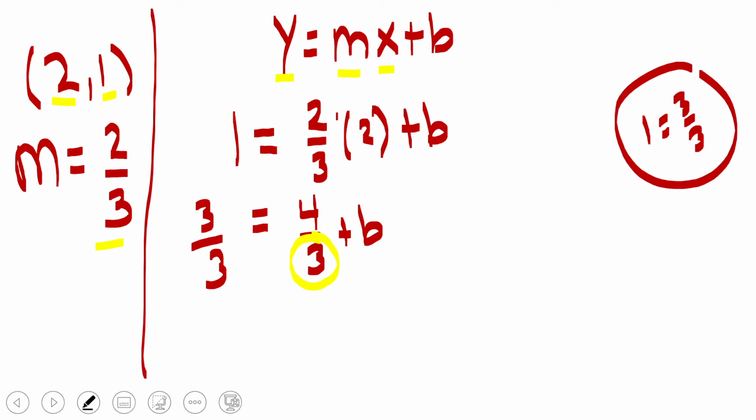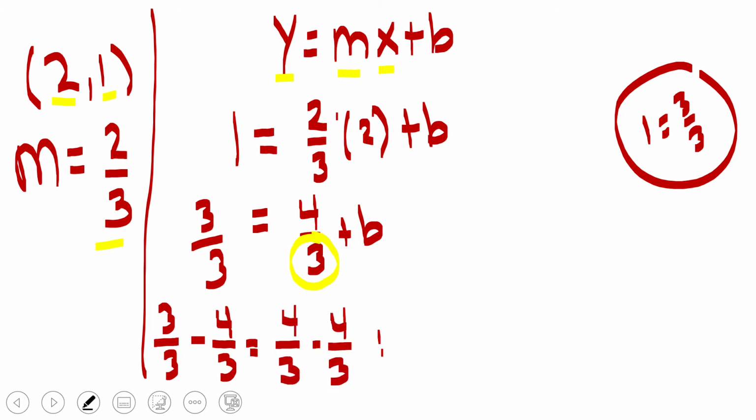How does that help us? Well, now we can isolate b on the other side of the equal sign. We're going to have 3 over 3 minus 4/3 equals 4/3 minus 4/3 plus b. So we subtracted 4/3 on both sides of the equal sign to get b by itself algebraically. We've done that a lot, so I'm kind of moving through it.